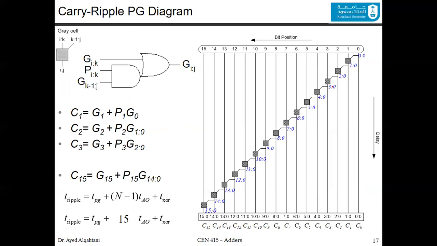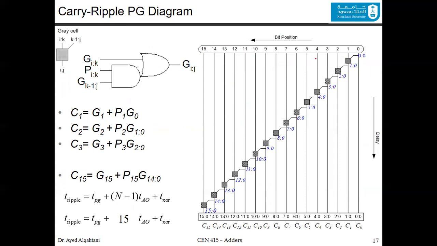In the BG diagram, we have the stages, for example, from 0 to 15. You can have it the way you like, maybe from 1 to 4, from 0 to 4, from 0 to 15, from 0 to 16. It depends on how many bits you are working with.